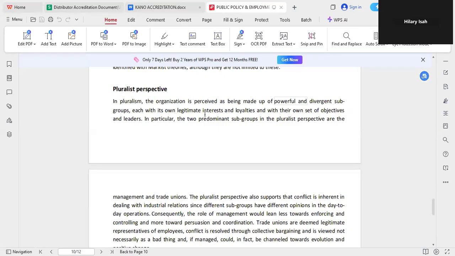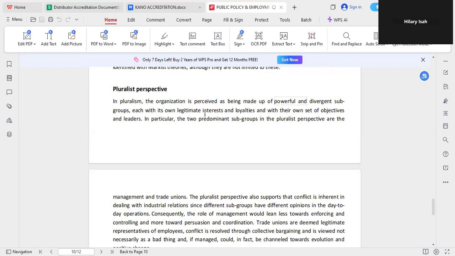Now, in pluralism, the organization is perceived as being made up of powerful and divergent subgroups, each with its own legitimate interests, loyalties, and its own set of objectives and leaders.